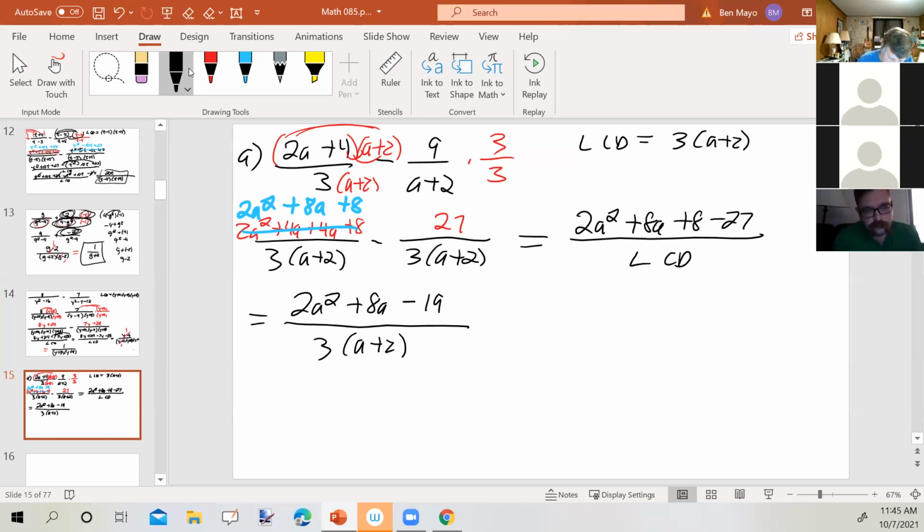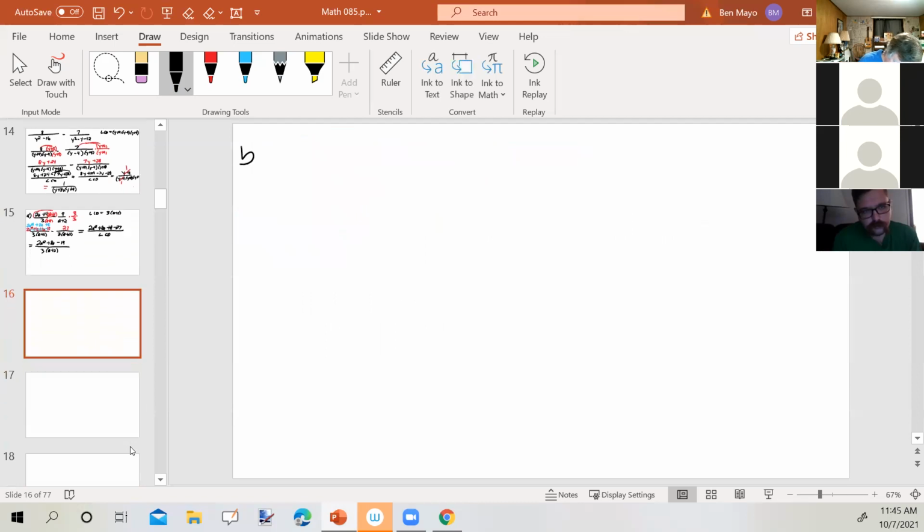Yep. Okay, part B is 2a plus 4 over 3 times 9 over a plus 2. We're multiplying, so we don't need a common denominator. We're going to factor everything.